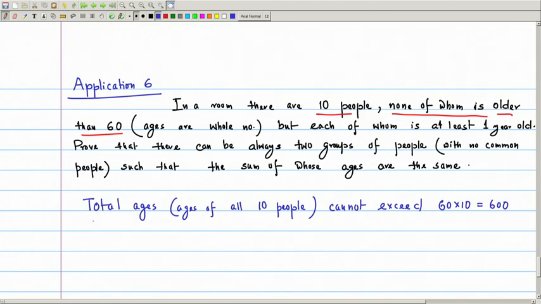Similarly, the total ages must be at least 10, because everyone is at least 1 year old.